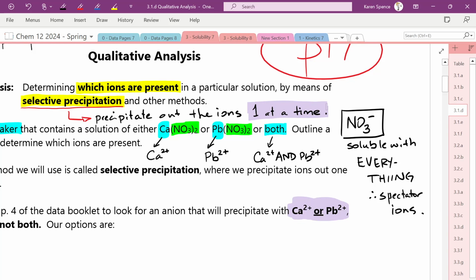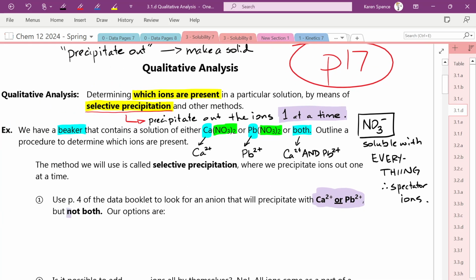No, I'll be like, well, I've got maybe one of them, or maybe I have the other, or maybe I have both. So if you add something that precipitates both, then that will not work. What if you add something that precipitates neither of them? Nothing's going to happen, right? So you need something that will form a solid with either calcium or lead, but not both. So let's look on our data booklet and find an anion that will precipitate calcium or lead, but not both.